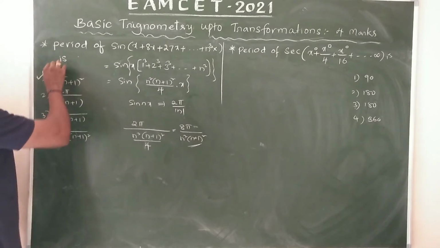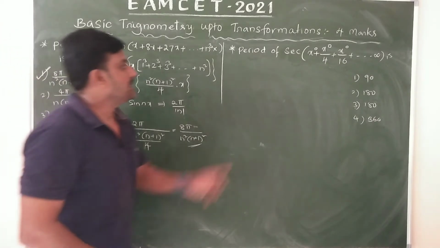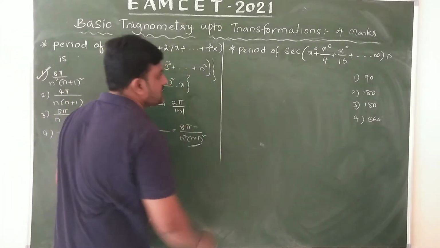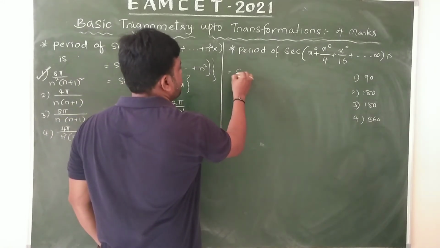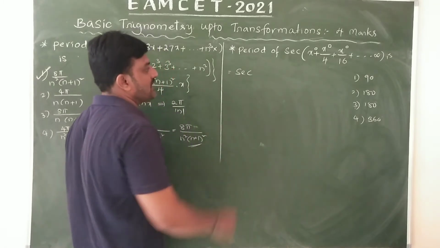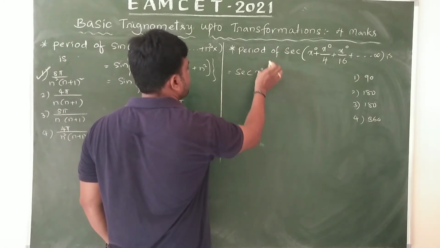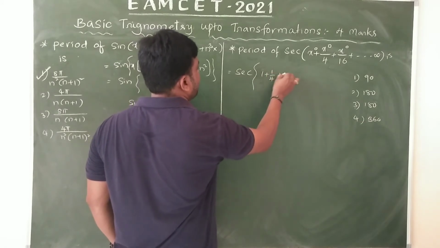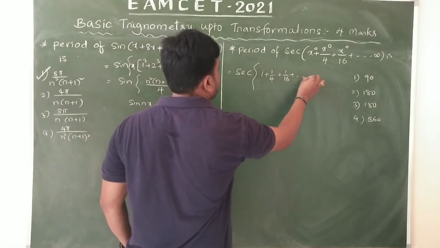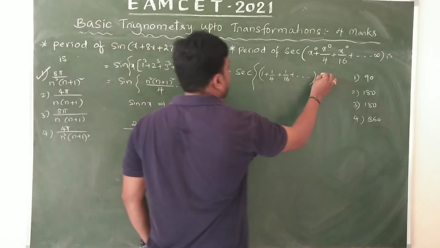The first one. Okay. Let us go with the second one. Here also we can observe, now the function is sec, x is common, same like that. Okay. Now the remaining 1 plus 1 by 4 plus 1 by 16 plus so on, into x.